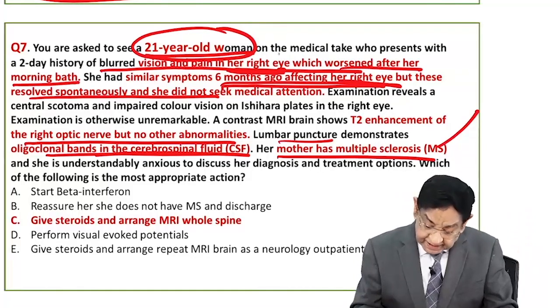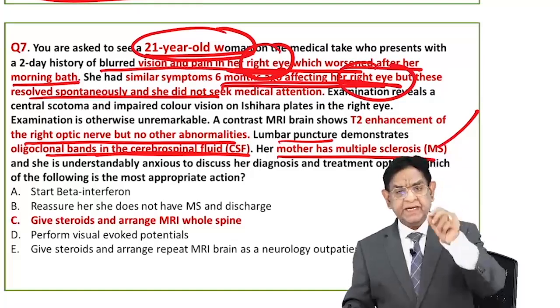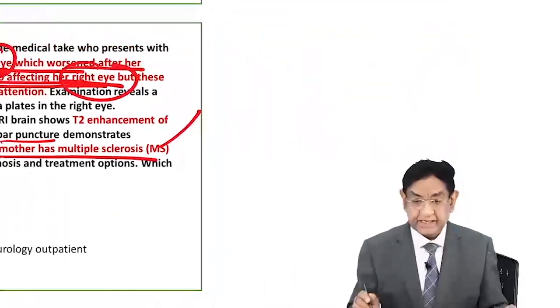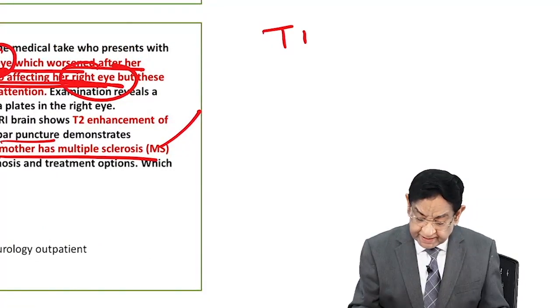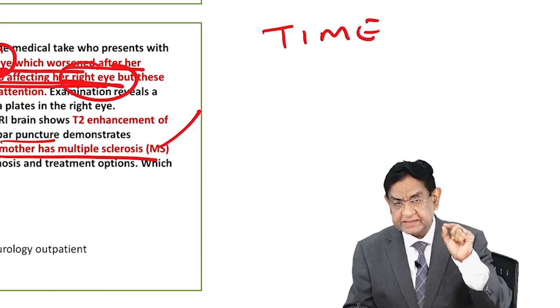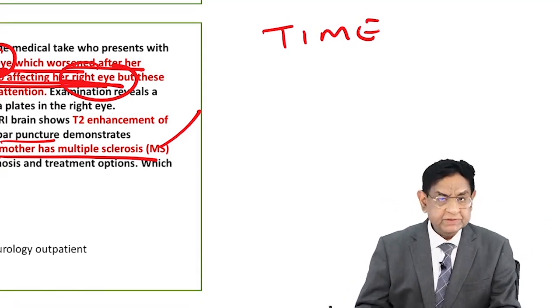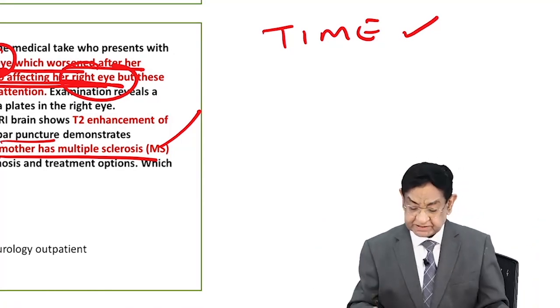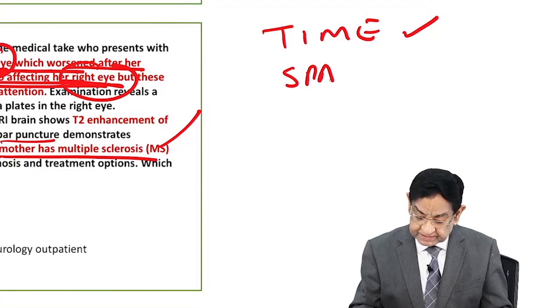Here there is right eye and right eye. That means she has two attacks of eye involvement, so there is a time gap, 6 months apart. But the site remains the same. There is a time gap, but the space, the site, remains the same.